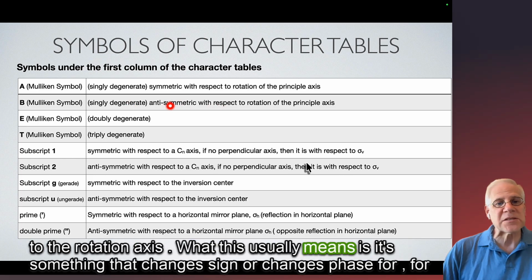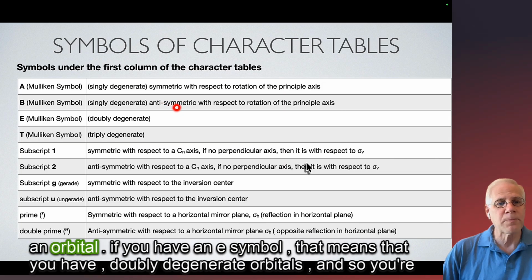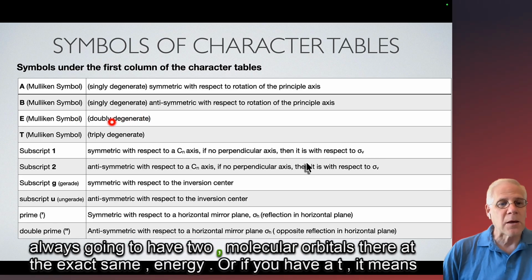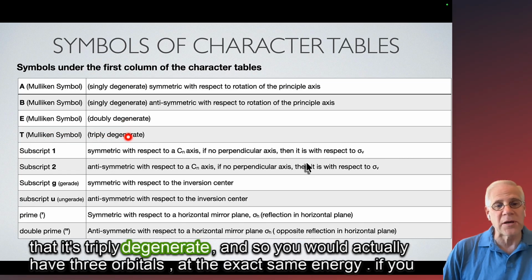What this usually means is it's something that changes sign or changes phase for an orbital. If you have an E symbol, that means that you have doubly degenerate orbitals, and so you're always going to have two molecular orbitals there at the exact same energy. Or if you have a T, it means that it's triply degenerate, and so you would actually have three orbitals at the exact same energy.